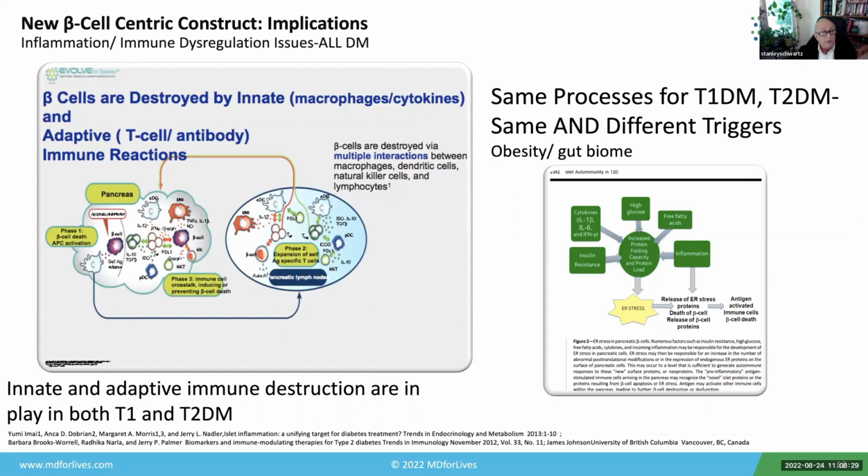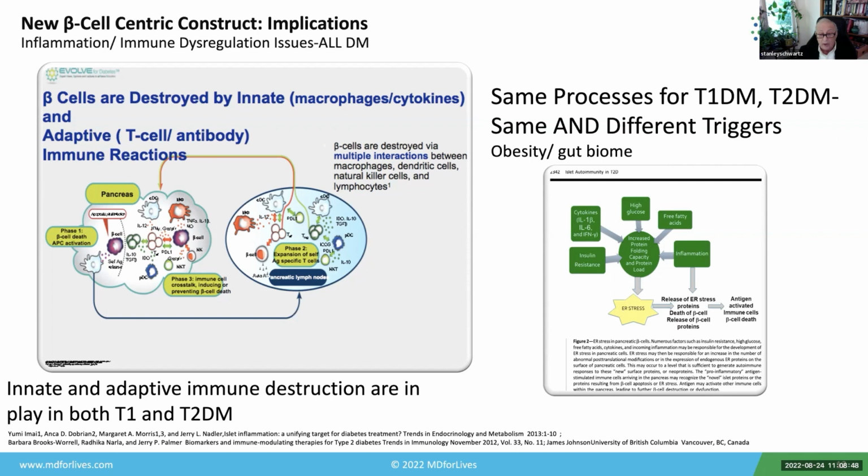If we talk about inflammation, you can see that beta cells are destroyed by innate and adaptive immune reactions: innate macrophages and cytokines, adaptive T-cell antibodies.